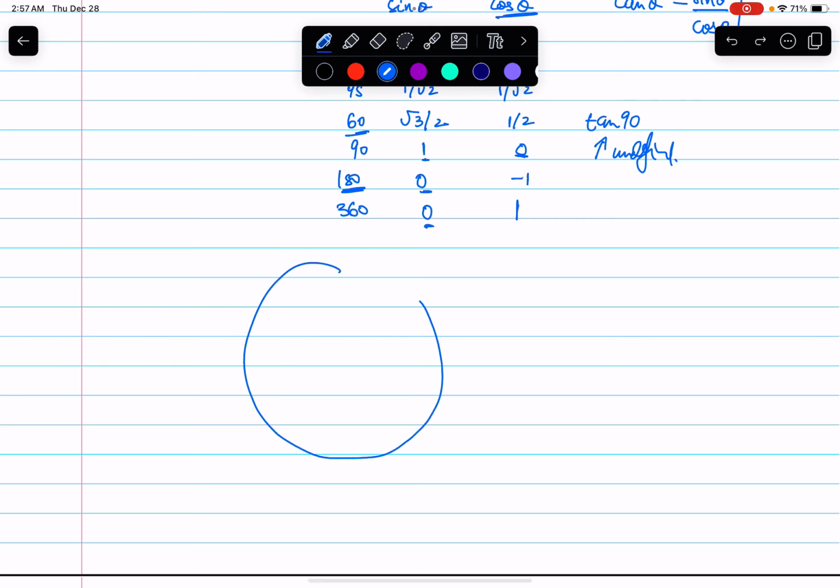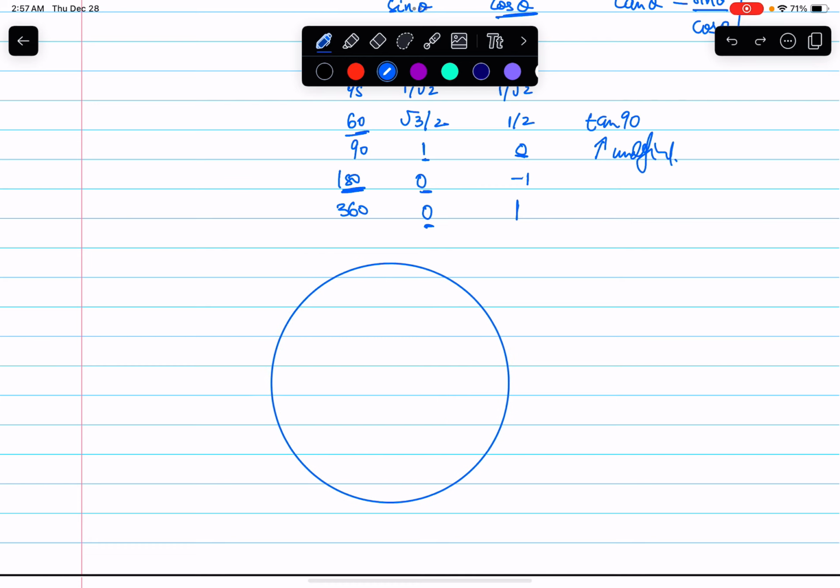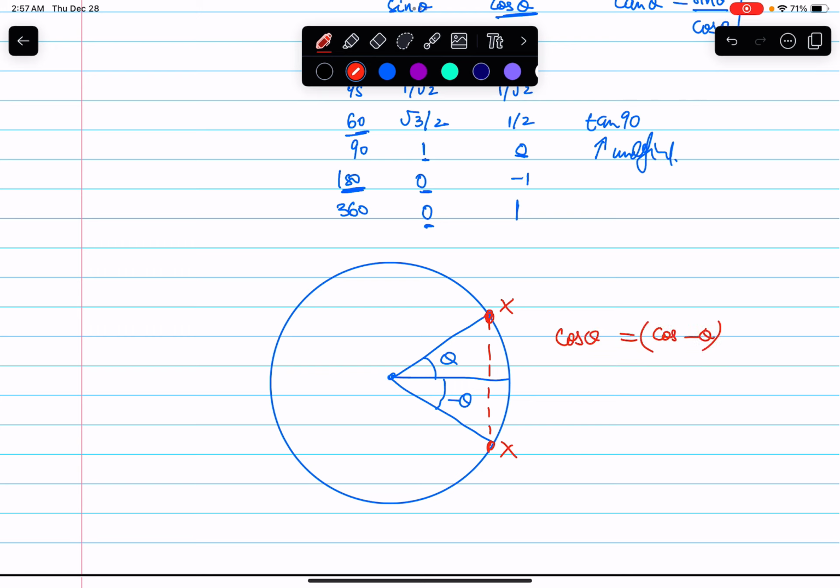Once again, if I draw the unit circle over here, then what you can see is that, let's say this is positive theta, and then this is the exact negative theta. The values of x for positive theta and negative theta are always the same, right? So that's why you can say that cosine of theta is equal to cosine of negative theta. Okay?